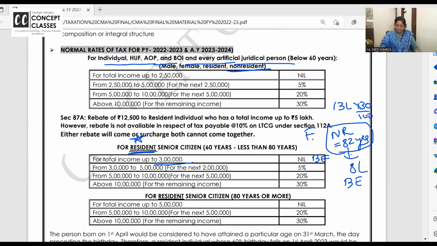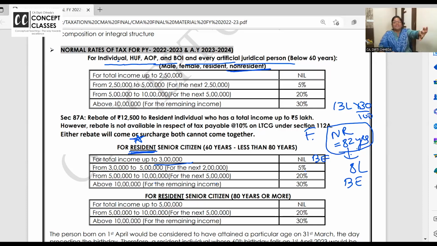Yes, very good. Just 1 second, chat is opening and closing. Yes, very good. 2,50,000. Ma'am, I did the whole problem correct, but by mistake, seeing 82 years, I took 3 lakh exemption.